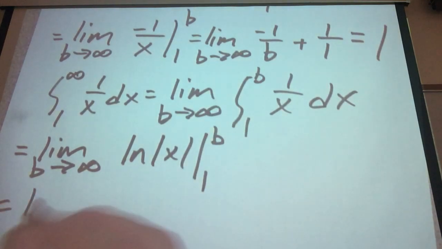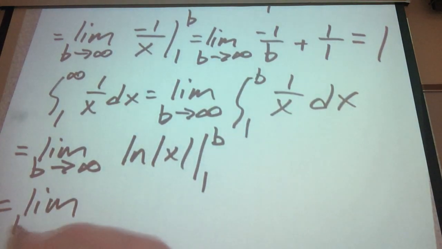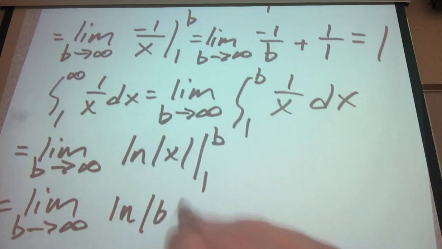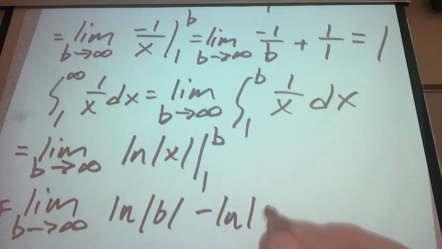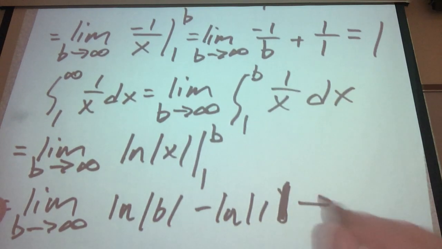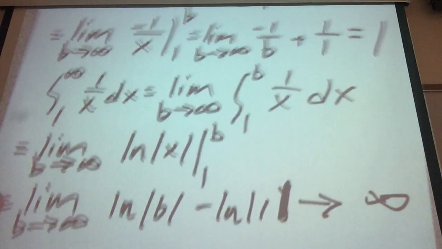And so that's going to equal the limit as b tends towards infinity of the natural log of b minus the natural log of 1, okay? And that is going to tend towards infinity.